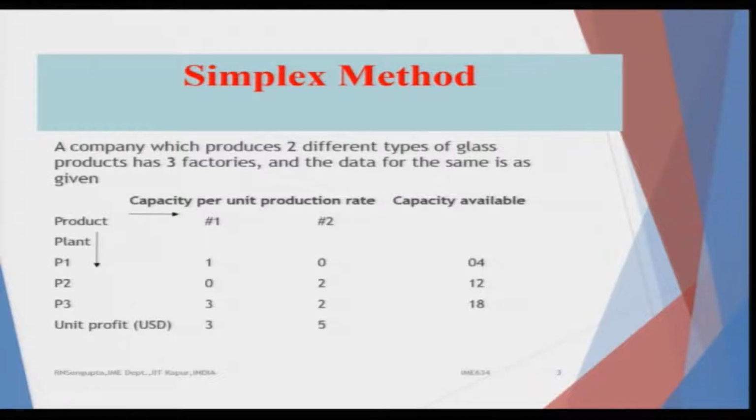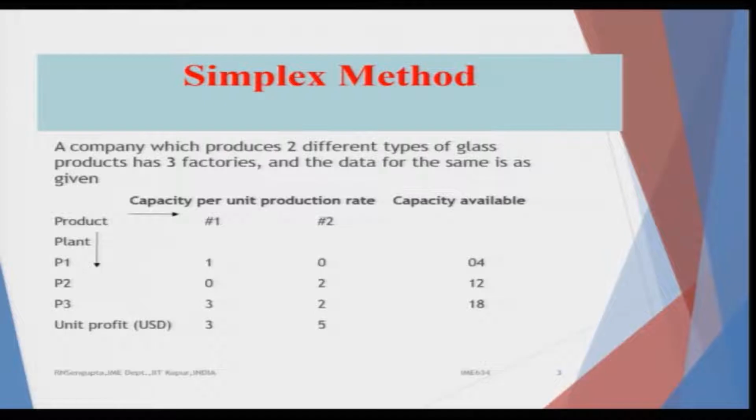Similarly, for plant 2, depending on the setup, you can produce 0 of product 1 and only product 2. The capacity available is 12. Consider that product 2 requires 2 machines, and you have 12 total machines in plant 2. So you can produce a maximum of 6 units of product 2 in plant 2.